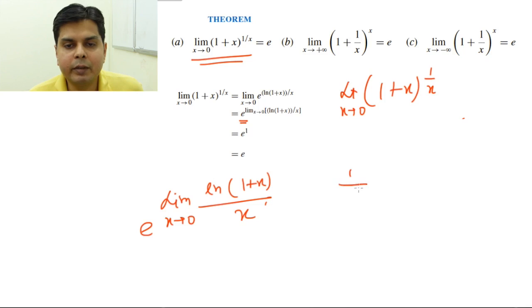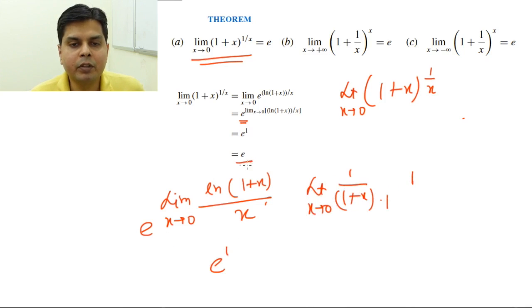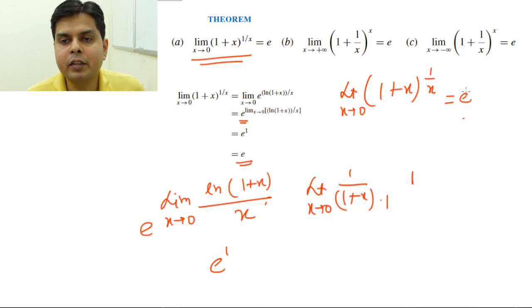When I differentiate, I will get 1 by (1 plus x), and the x will become 1. The limit as x tends to 0 is 1, so the whole limit is e to the power 1, which is equal to e. So remember, the limit as x tends to 0 of (1 plus x) to the power 1 by x is e. This is a very important formula and it has several applications.